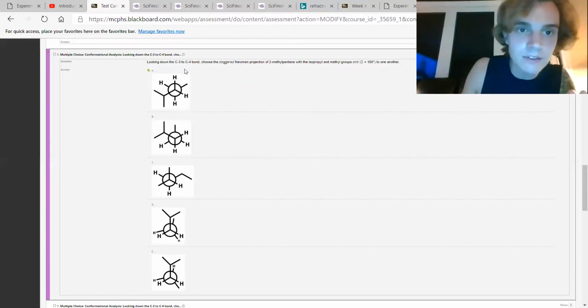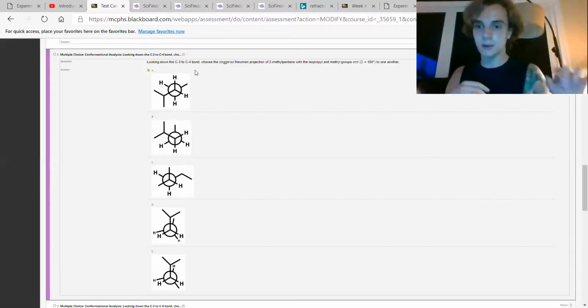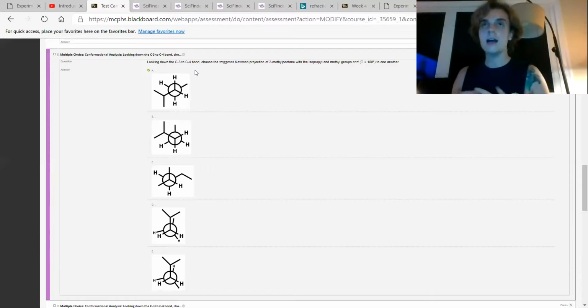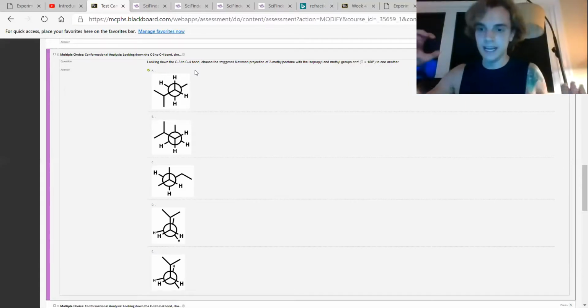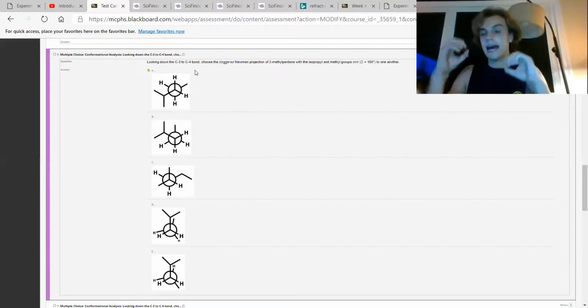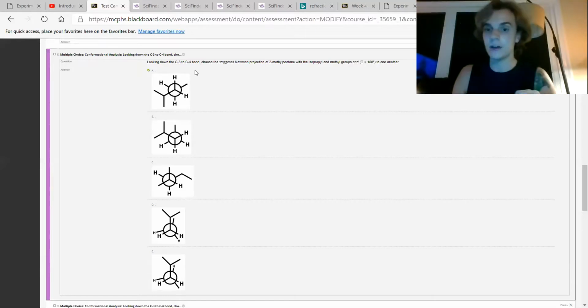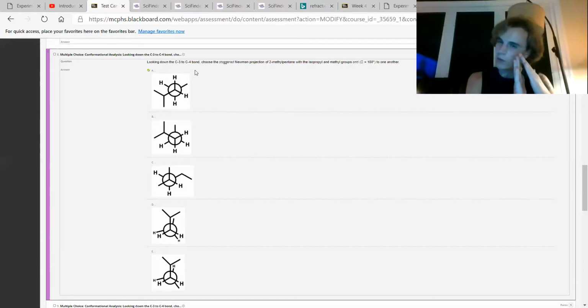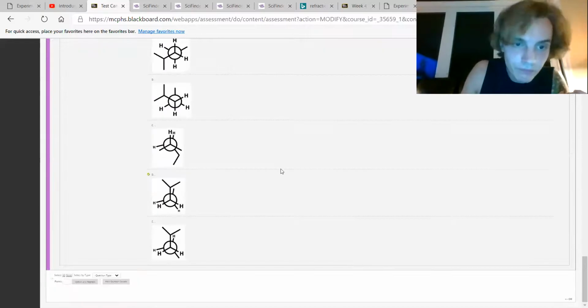So if it says look down the C3 to C4 bond, you're going to look at the groups coming off of C3 and the groups coming off of C4, establish which ones are the most electronegative, and then anti them, and that's the most stable projection. For the other questions, gauche is 60 degrees, that's one answer, and eclipsed is right over each other, aka at a slight, weirdly looking angle in the circle, because we can't draw eclipsed in any other fashion.